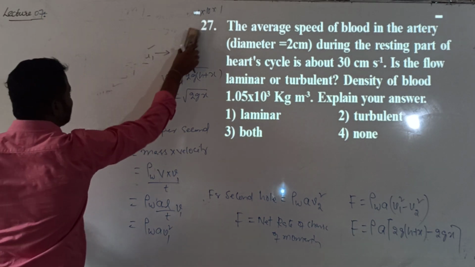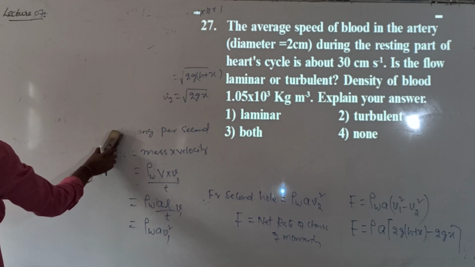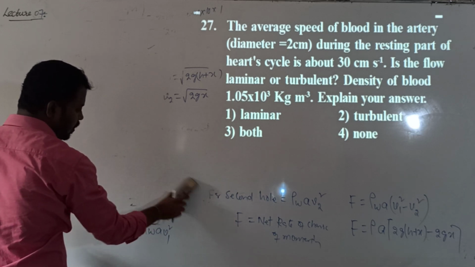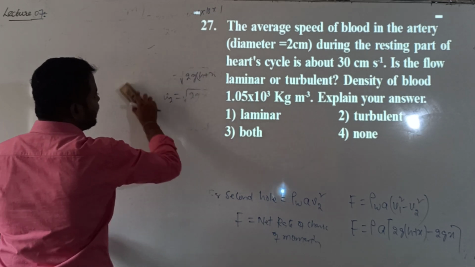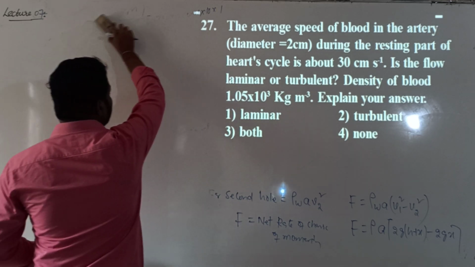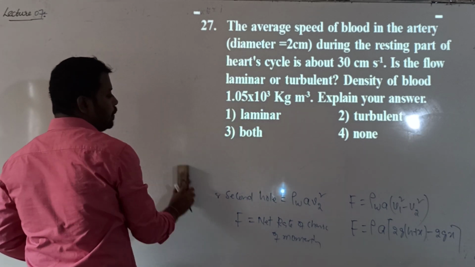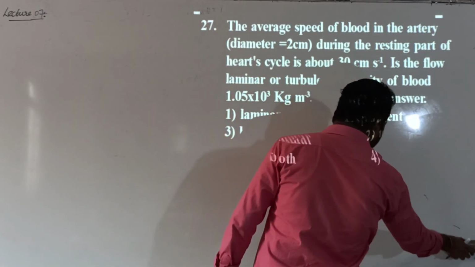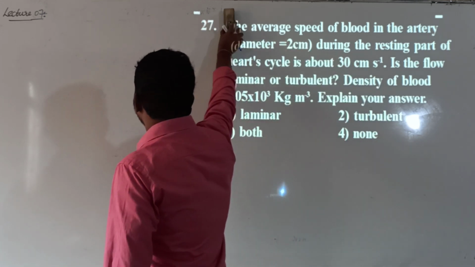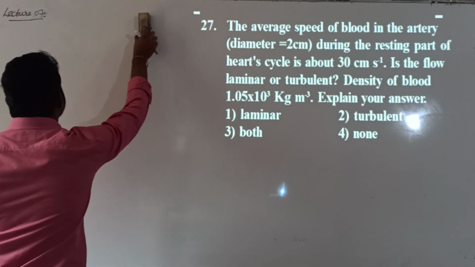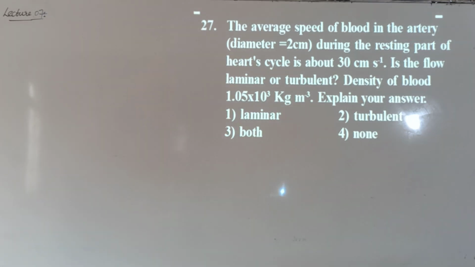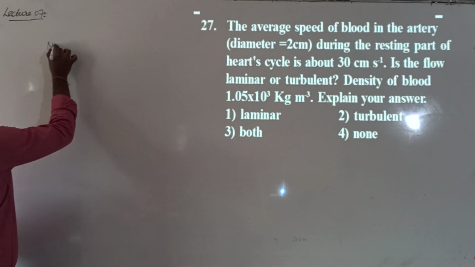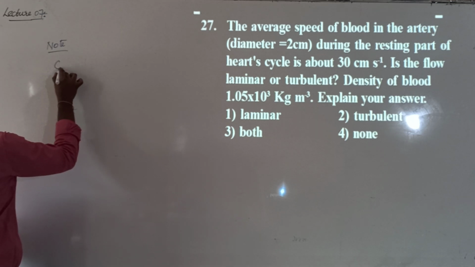What is this question? Generally you know streamline flow and turbulent flow. If the velocity is very low, that is streamline flow. As the velocity increases, at one particular velocity the streamline flow will convert into turbulent flow. What is the meaning of critical velocity?